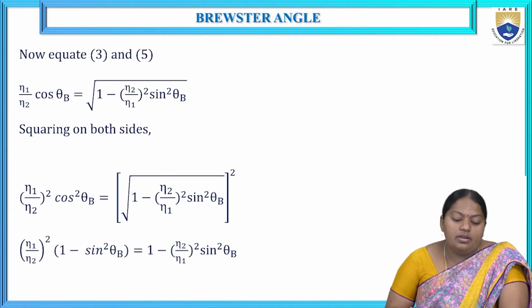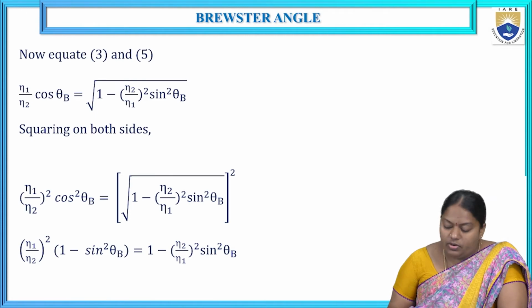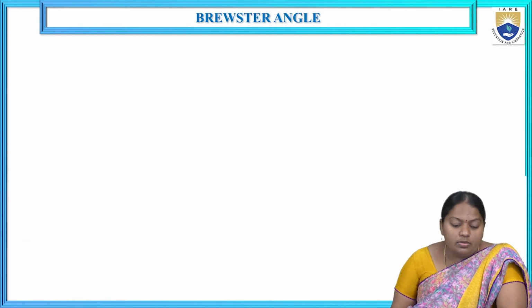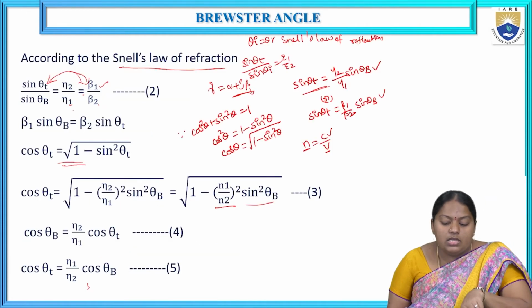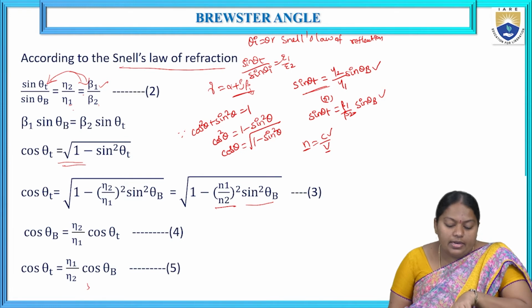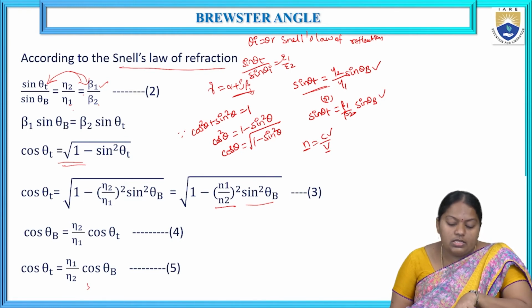Now equate equations 3, 4 and 5. See here, in equation number 3 we have cos theta t equal to root over this thing, and in general the formula is root over 1 minus sin square theta t, and in equation 5 we consider cos theta t equal to eta 1 by eta 2 into cos theta b.